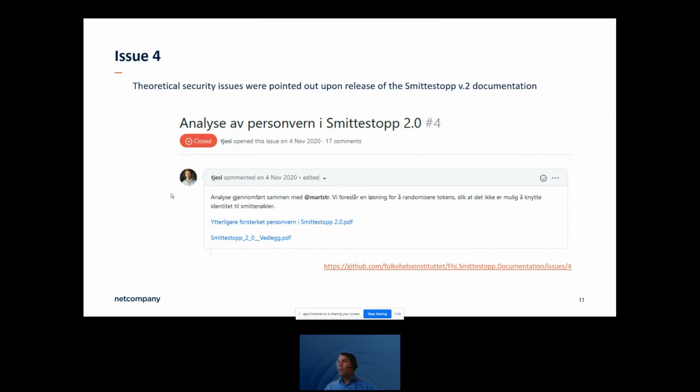Also inspired by some work that other researchers and a private company had done, they developed a way to address these security issues. As you can see, it's Smittestopp 2, the second version of Smittestopp. It's not the same code base as the first one, because the first one was criticized for having some security issues, which were then addressed in the second one. And then in turn, through these contributors that we'll dive into a little bit further, it was actually made even more secure.